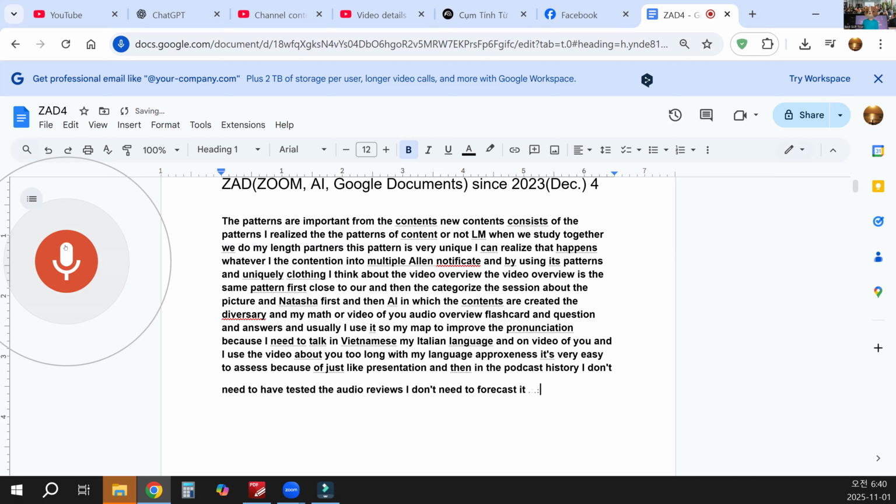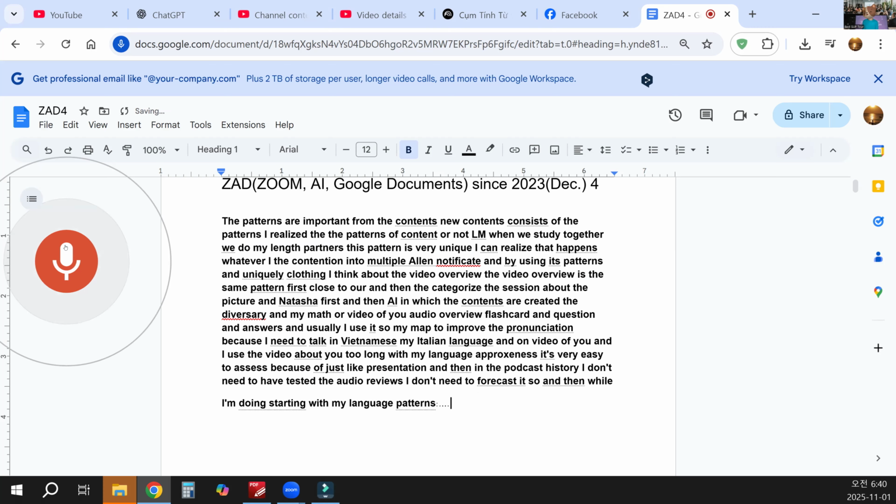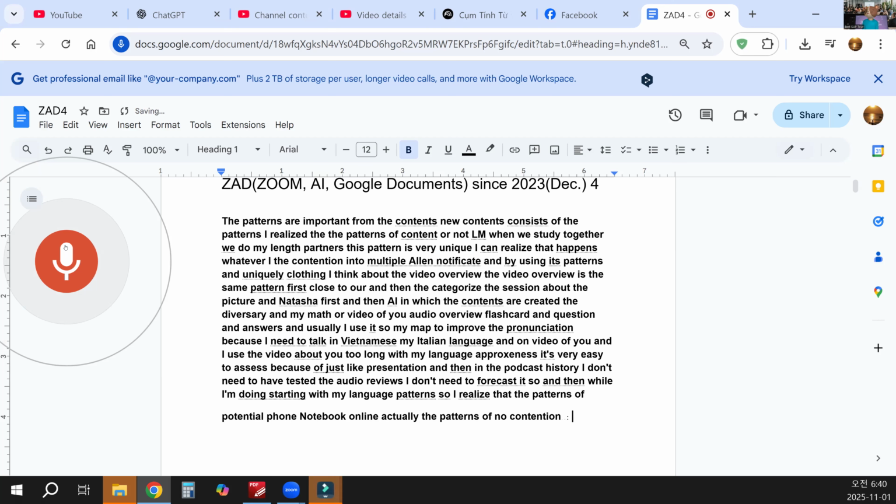So while I'm studying with my language partners, I realized the patterns of the content from NotebookLM. Actually, the pattern of content is from the content that I created or I found out.